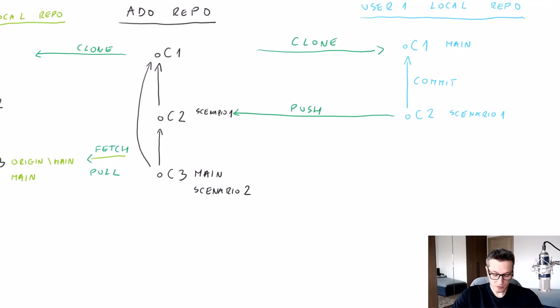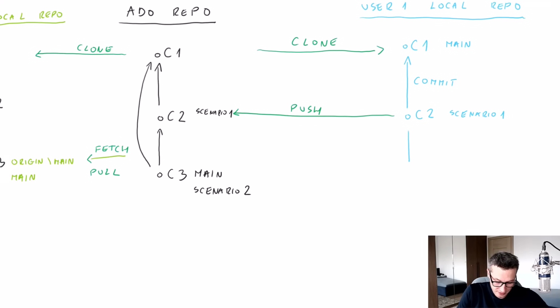Then what we did was to fetch the changes on user 1 local environment, which essentially created this scenario 2 and main, all the stuff that happened on the remote repo.